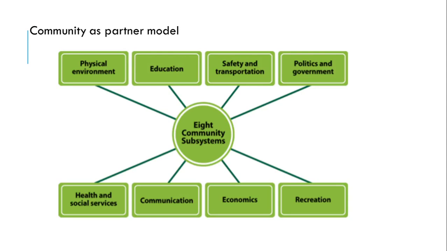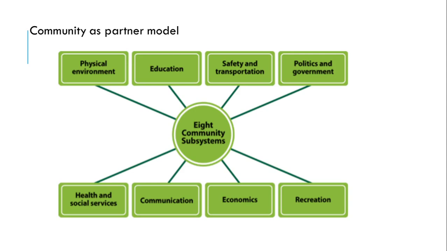Then the next model is the community as partner model. So this model uses the basic concept of Newman's model. In this model, the client is the community or population group along with the beliefs, values, and social systems. The core is surrounded by eight community subsystems that affect health.